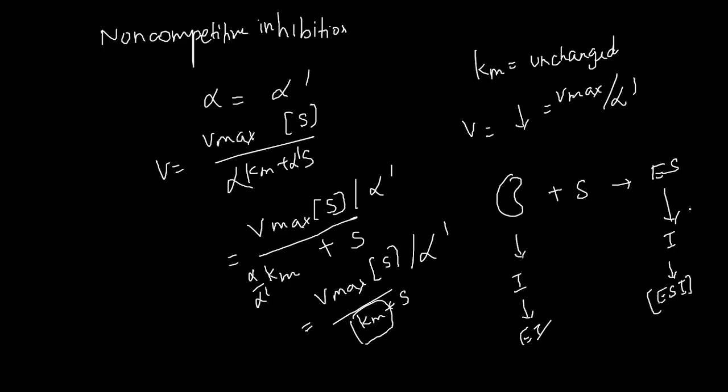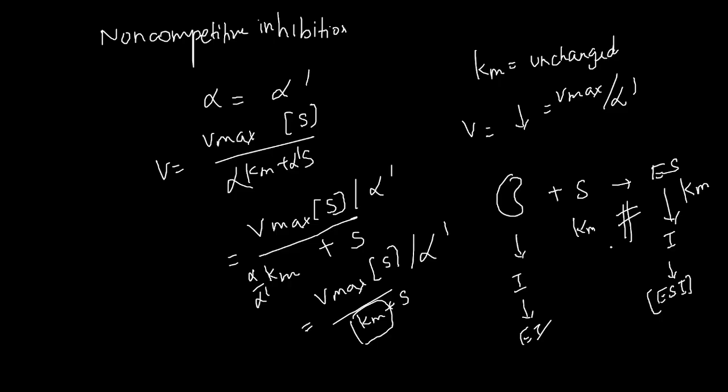Because the inhibitor is binding to the ES complex, the total available enzyme is going to be decreased, and because of that the V value is definitely going to be decreased. And because of binding with the same affinity, the Km effects will be nullified.